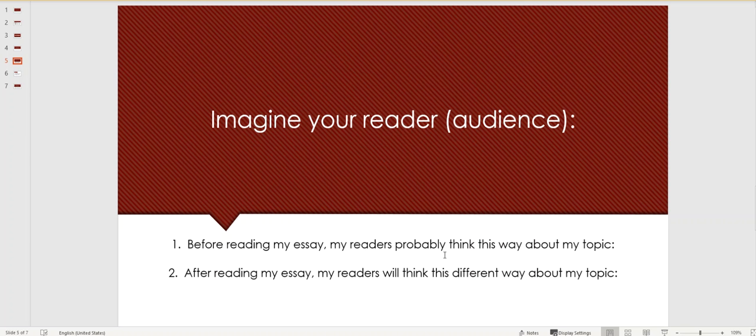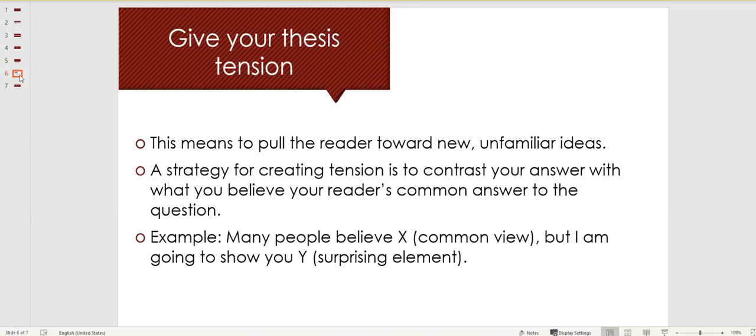Because as you think about what your reader already knows about this topic, and then you think about what you want them to understand after reading your essay, this should help you start considering the new and unfamiliar ideas that you can offer to your reader, that you have to add to this conversation.